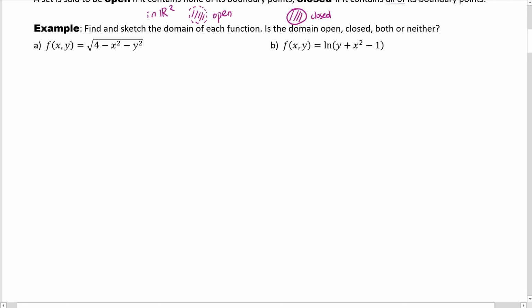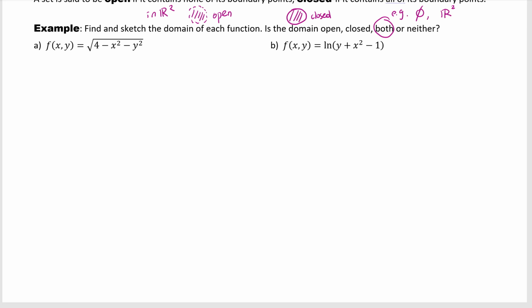Okay, so do you know there are some sets that are both open and closed? Examples for both open and closed could be the empty set, or the whole space. Let's say if we're talking about the xy plane, then R2 is both open and closed.